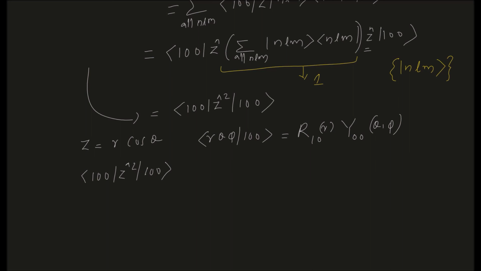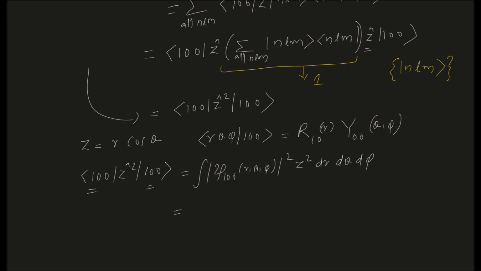So this expression ⟨100|z squared|100⟩, if you evaluate this integral, it is given by the integral of ψ100 of r, theta, phi, the modulus square because of contribution from these two terms, then we have z squared, then dr d theta d phi.